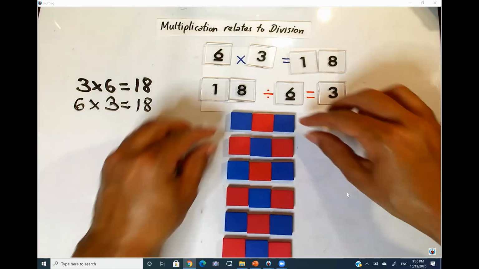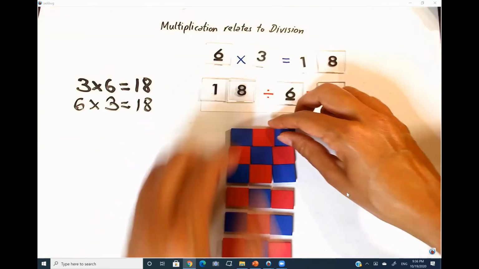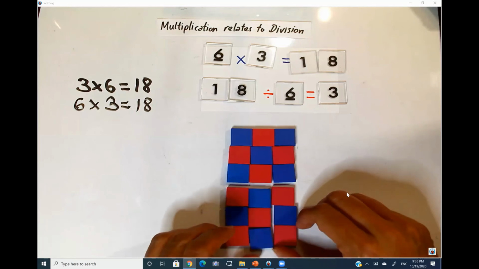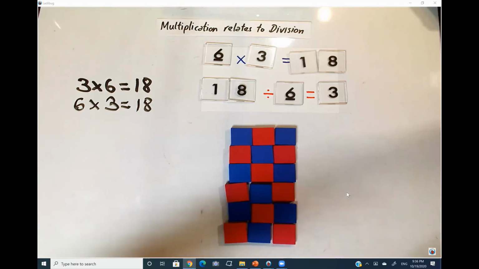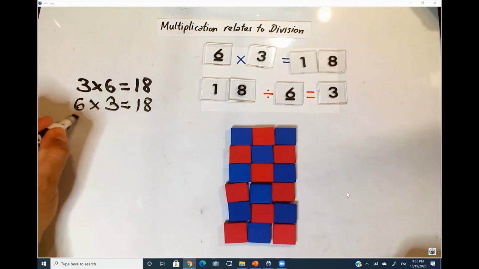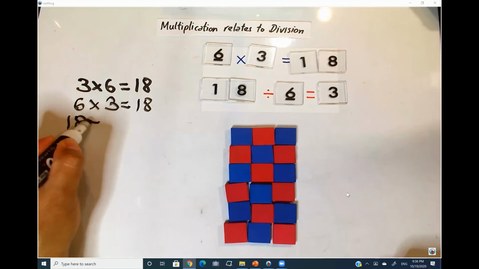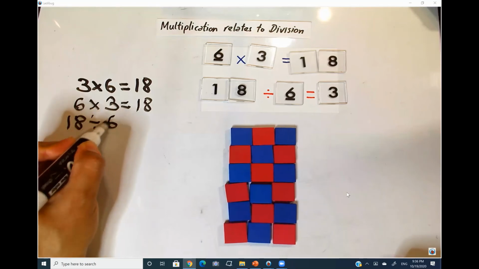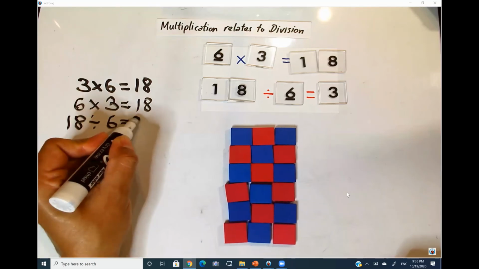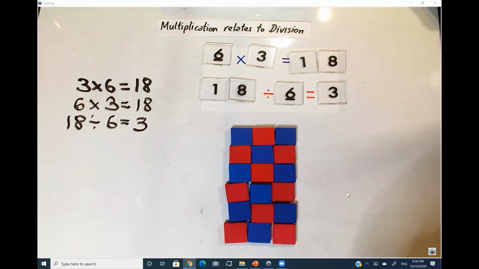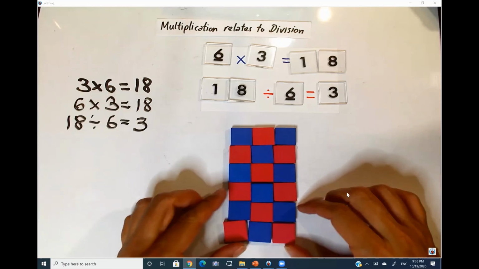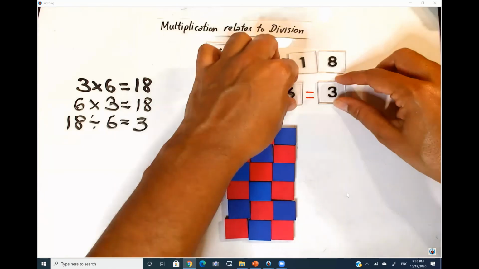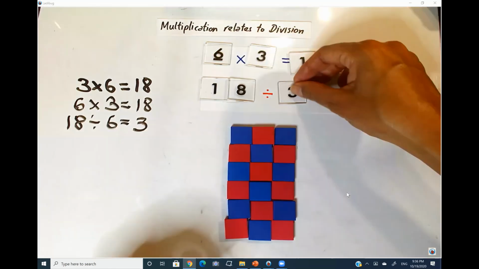I can do the opposite. I still have my 18 objects, but this time we have to do the opposite. Let me do this one before I erase it. 18 divided into 6 groups is going to give me 3 objects per group. Now I still have the 18, but this time I'm going to rotate these numbers.